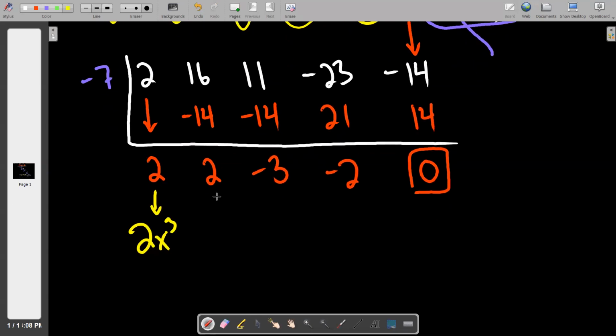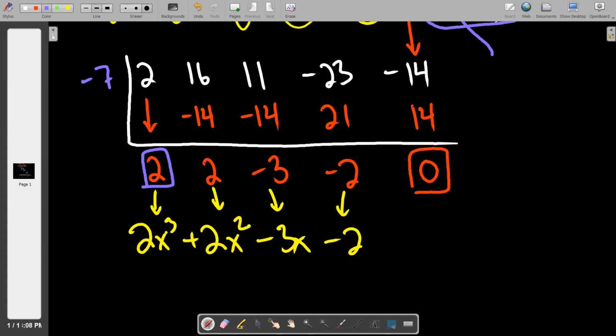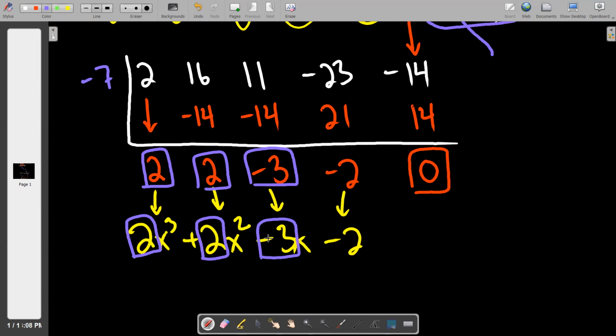It was plus 2 more x to the seconds. What was the third term in our answer? And what was the last term? Now, you cannot deny that that's pretty cool. Look, that purple number matches that purple number. This purple number matches this purple number. This purple number matches this purple number. And this matches this.